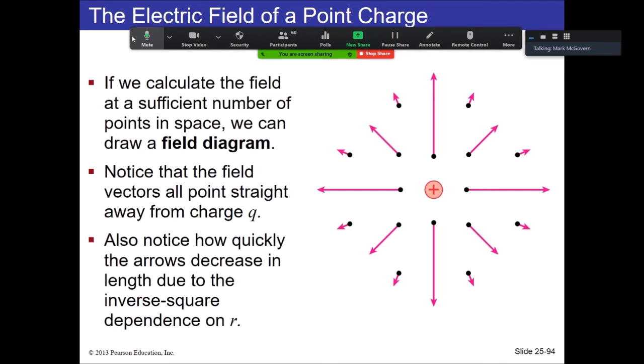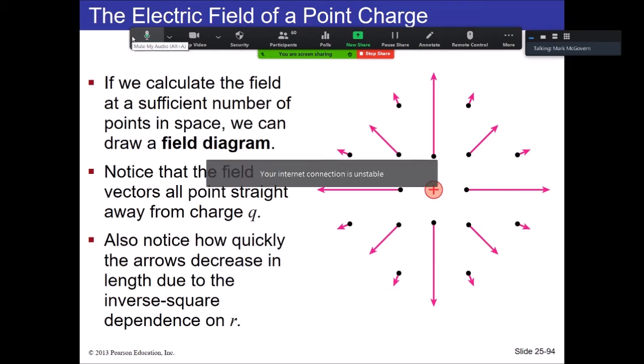They're slightly different. This is just a general field diagram. It has points that are not exactly evenly spaced, but they're in the vicinity of our charge. And every point indicates what the electric field would be like at that location.